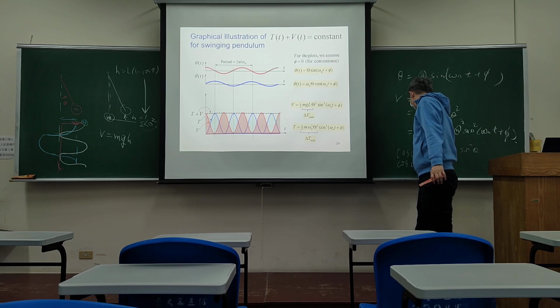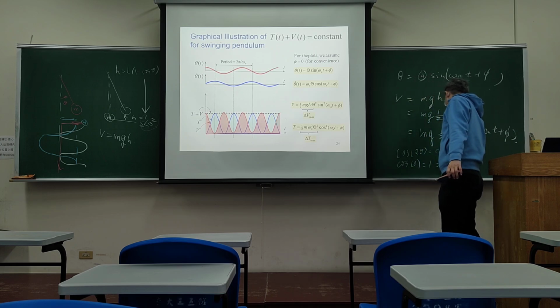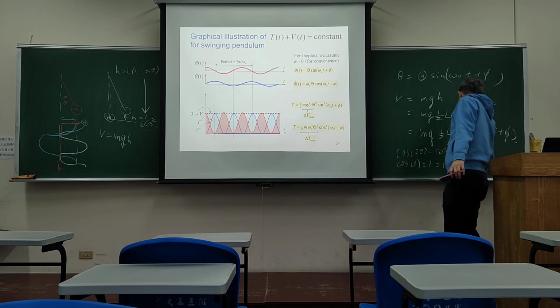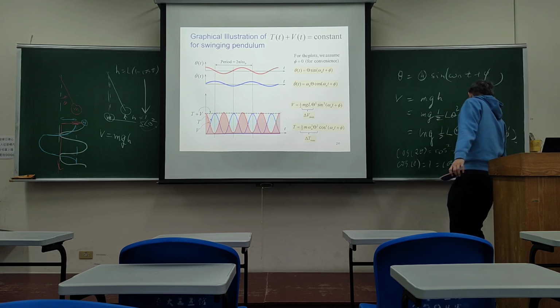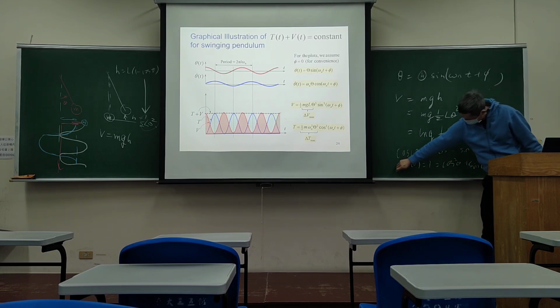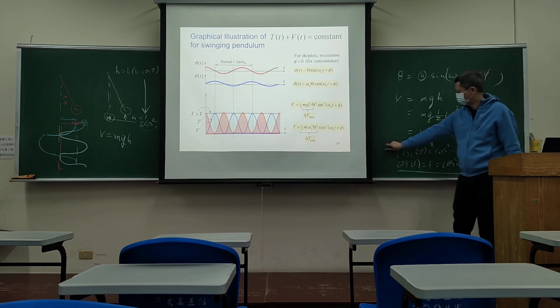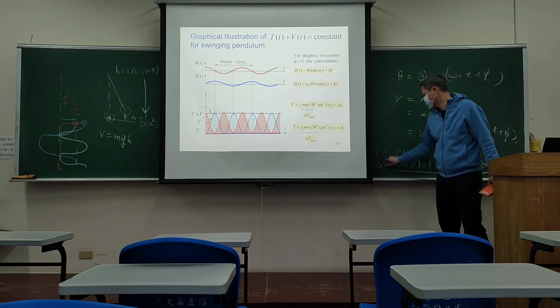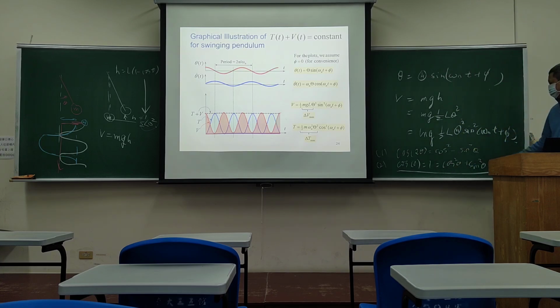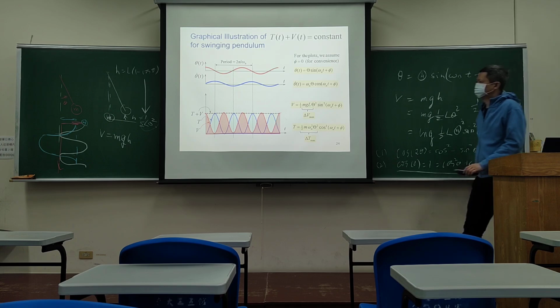Cosine 0 is equal to 1, which is equal to cosine square plus sine square. If you now want to find the sine square, what should you have? You should have the second equation subtracting the first equation. So your sine square is now equal to half of 1 minus cosine 2 theta.